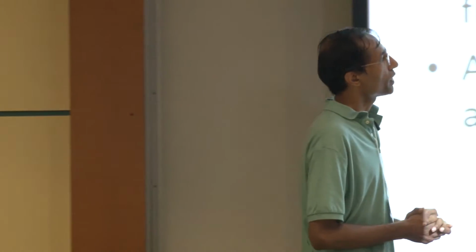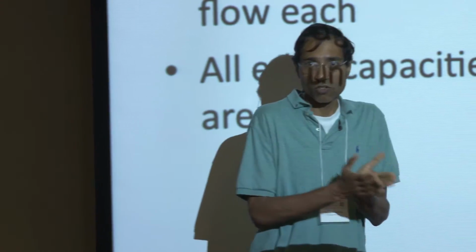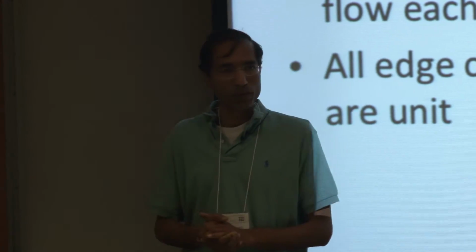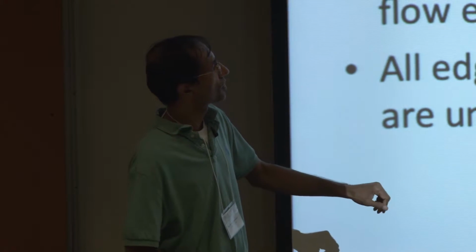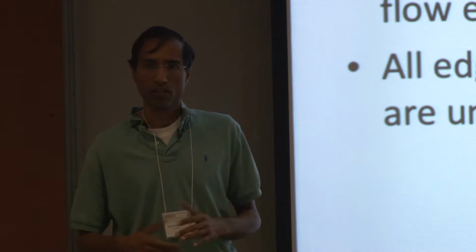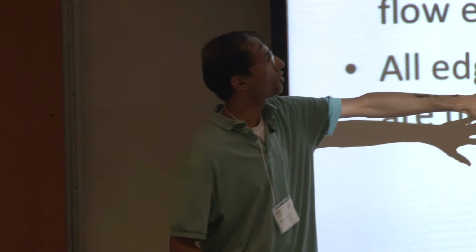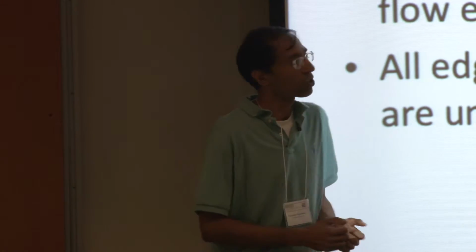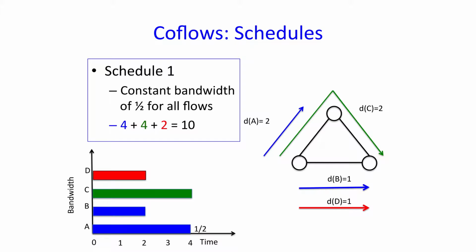OK, so now in this situation, let's say our goal is we would like to complete these coflows as fast as possible. And for the purpose of this talk, we're going to be focusing on average completion time of the coflows. So each of these coflows has the same weight, and we want to finish them on average as fast as possible. So what could you do? So what are we allowed to do?